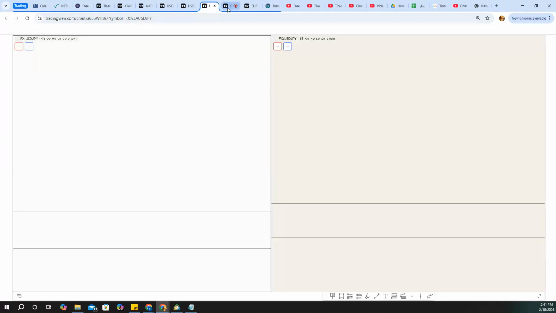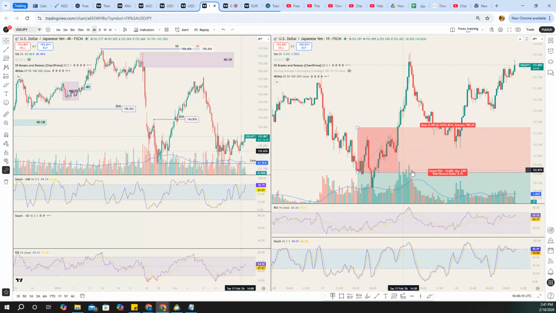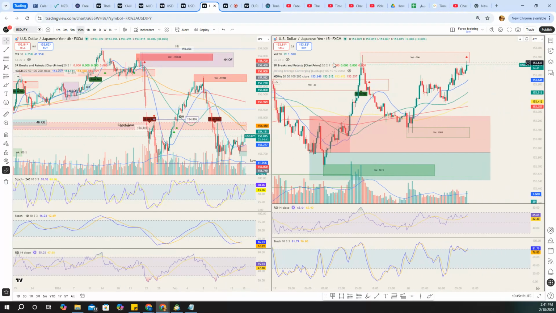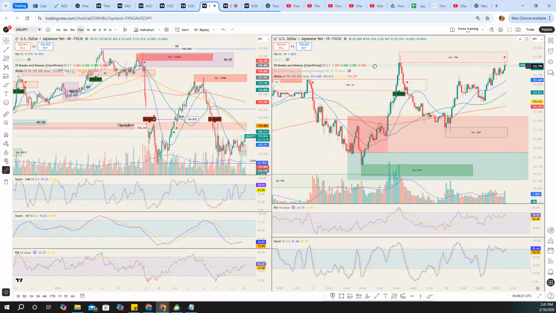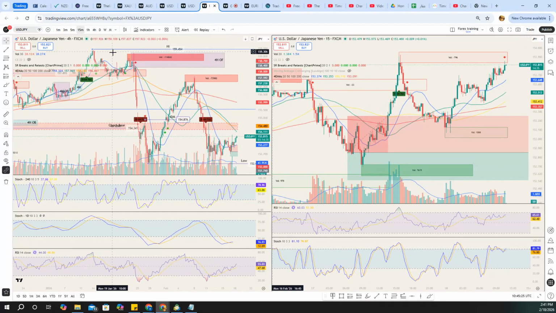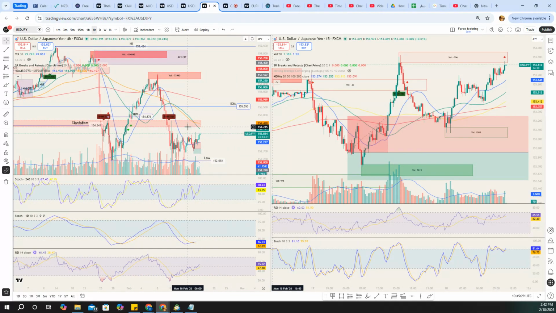On the USD JPY, let's move quickly. Let's look at the time. We still have 1 minute. The concern that we had yesterday, let's go directly to the 4 hour. This is the 4 hour. Yesterday we said our concern was we were hoping that this will not get to this resistance and then move back.